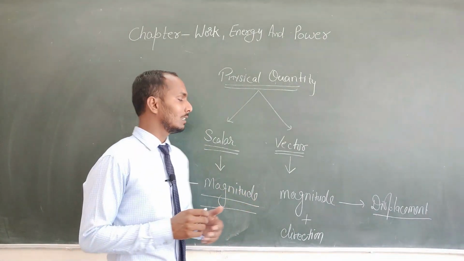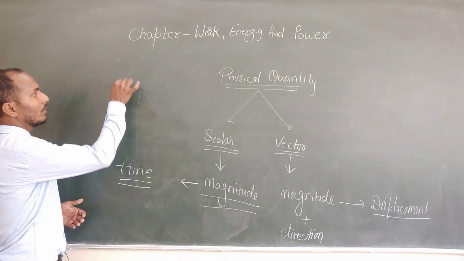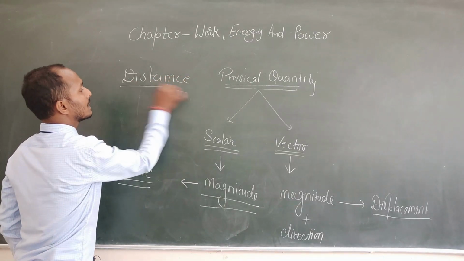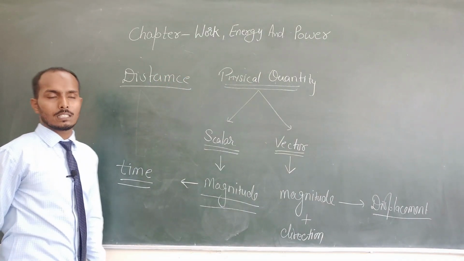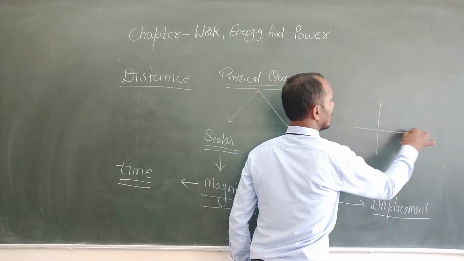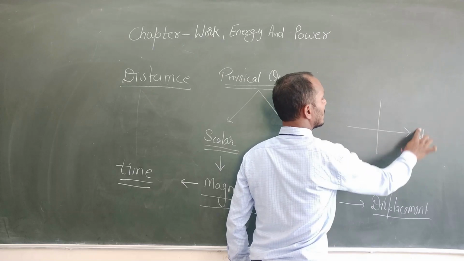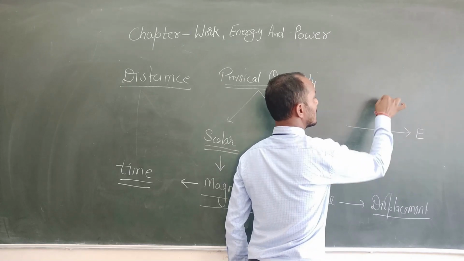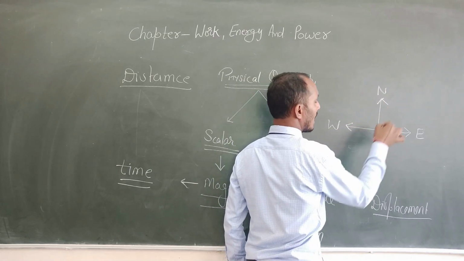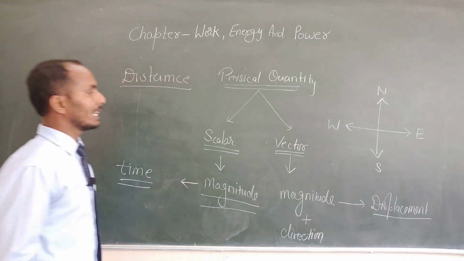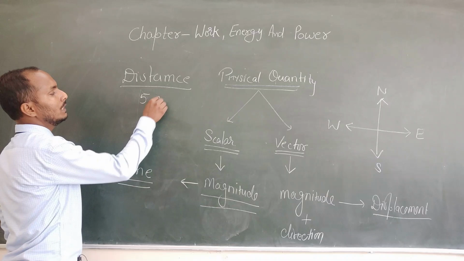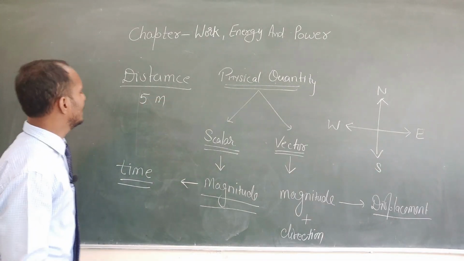Let us understand this more with the example of distance and displacement. If I say that a person covers 5 meters of distance, suppose this is north, this is east, this is west, and this is south. Then what does it mean?